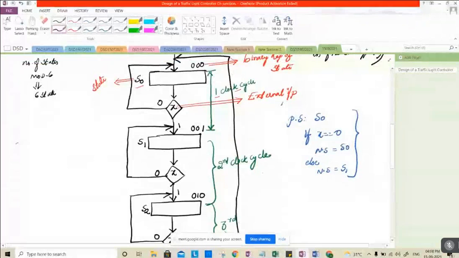Whereas the state diagram is in this way. If it is S0, x is equal to 0, output is 0, S1.